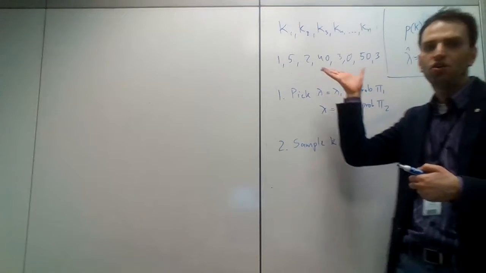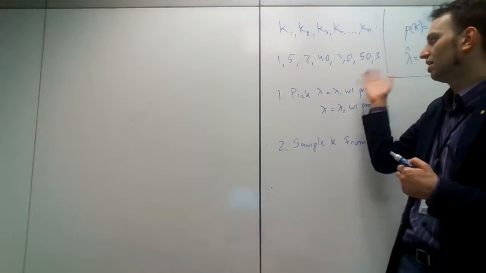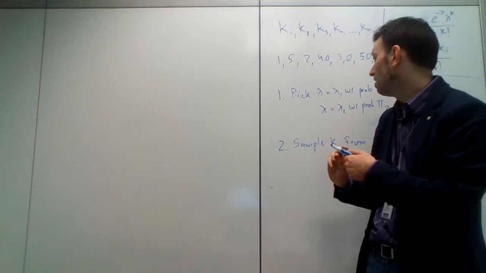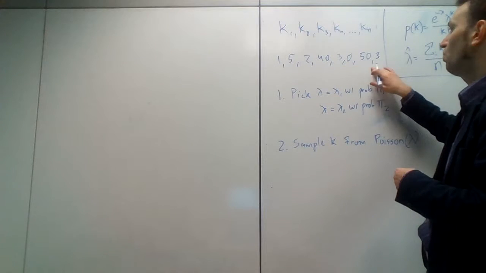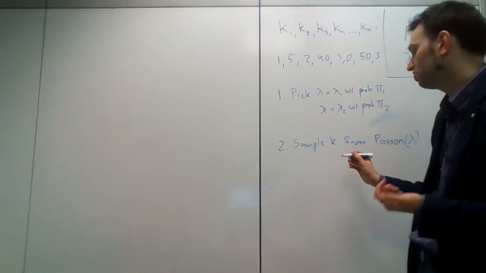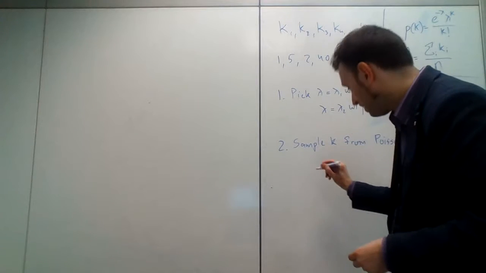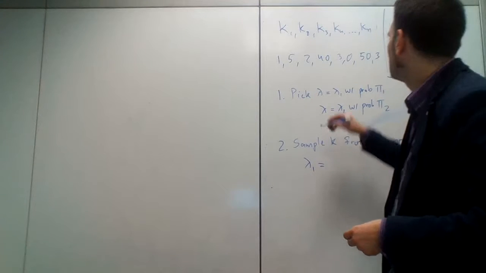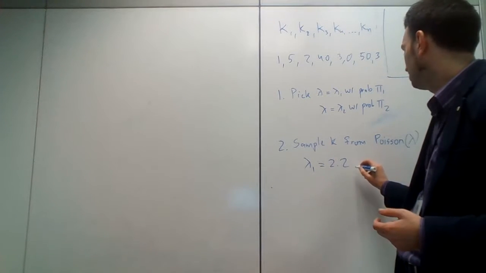So for this kind of data set, what would be plausible values of lambda and pi? Well, there is one distribution where the numbers are small, so maybe lambda 1 is equal to, I'm just making things up, 2.2.